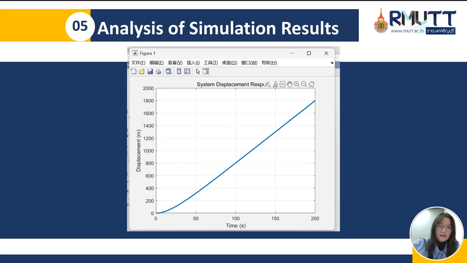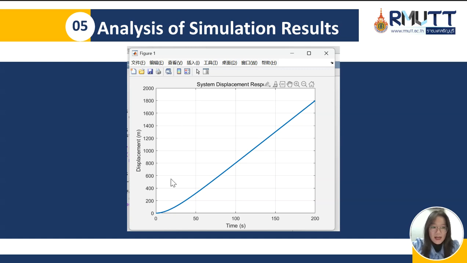This is part 5, analysis of simulation results. Now let's look at the simulation results in MATLAB. First, consider the velocity response curve. From the curve, we can see that the velocity shows a monotonically increasing trend.